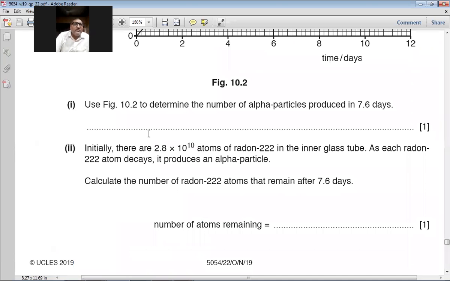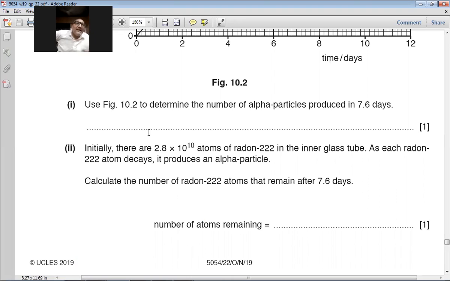Now, initially, there are 2.8 x 10^10 atoms of radon 222 in the inner glass tube. As each radon 222 atom decays, it produces an alpha particle. So calculate the number of radon atoms that remained after 7.6 days. The number of alpha particles shows the number of radon nuclei which have decayed.